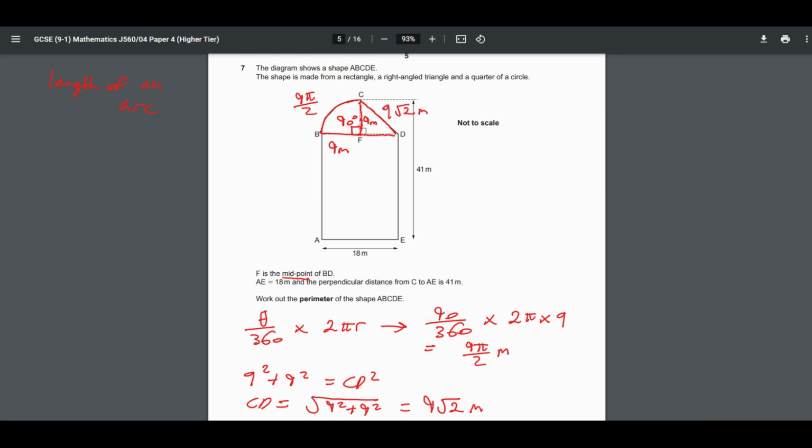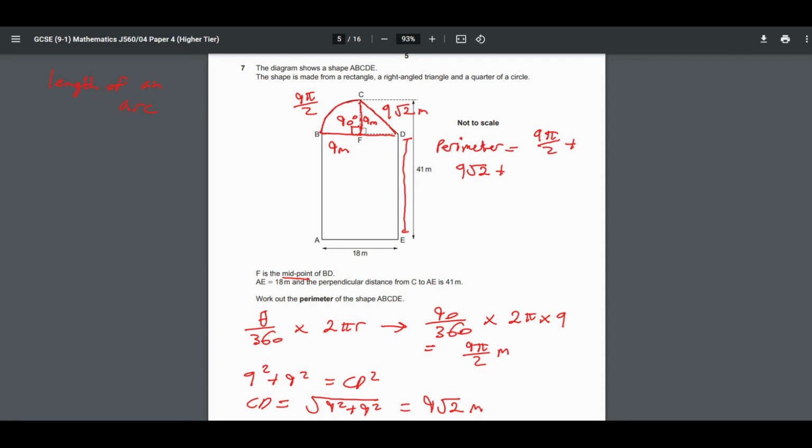Now that you have all of that, to find the perimeter of the shape, you would do 9 pi over 2 plus 9 root 2 plus, we need to know the length of D to E. If you know that C to F is 9, you'll just do 41 take away 9, which is 32.